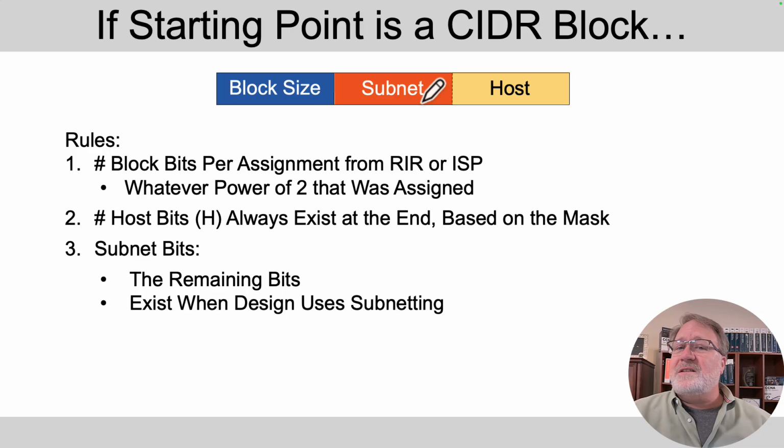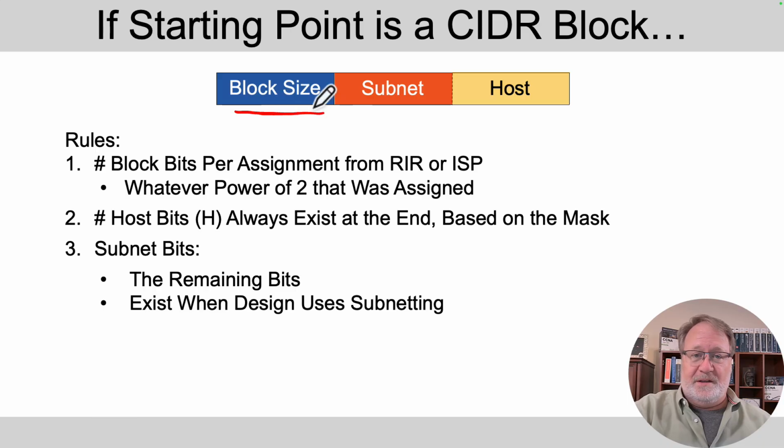Now, if you're not subnetting a class A, B, or C network, you can't make that assumption about 8, 16, or 24 bits up here. But if you're using a CIDR block instead of a class A, B, or C network, the block size that you're assigned by a regional registry or an ISP, they tell you how wide this block size is.